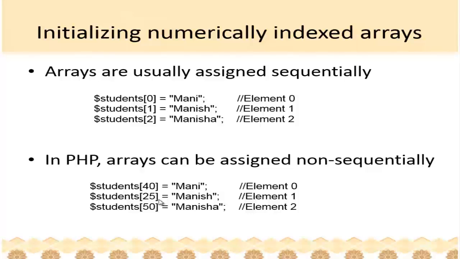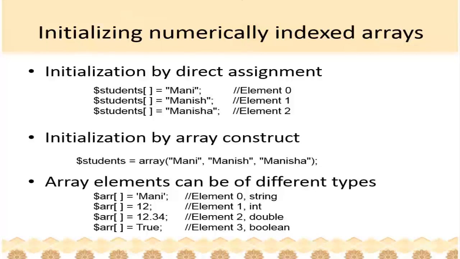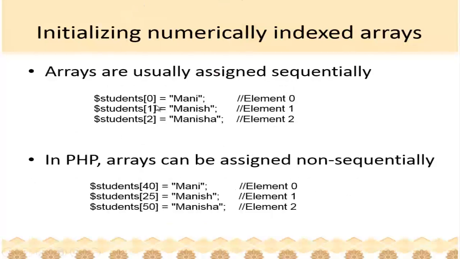Again, if you really want to specify the indices for the arrays, you can do that. So I can declare a student array and then supply an index 0, 1, 2, 3, and I can supply the value. So what's the difference between writing this statement and writing this statement?